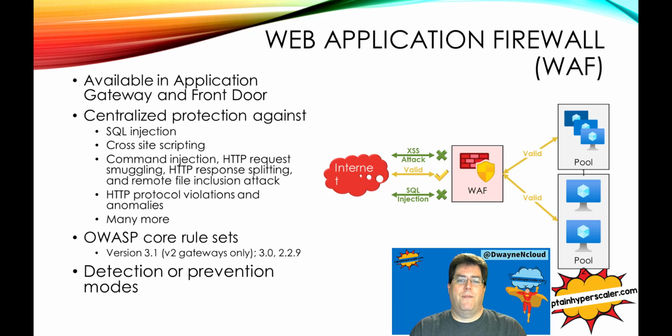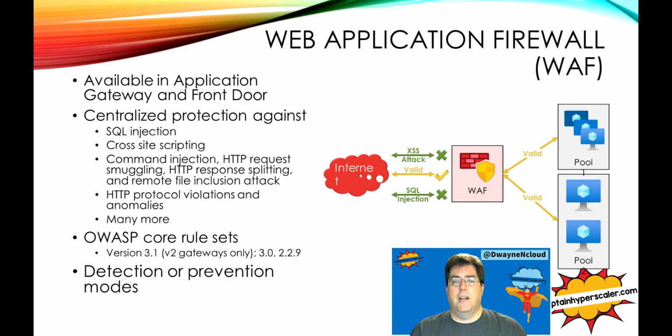The web application firewall utilizes those rule sets that are around those OWASP best practices and attack recommendations to detect or prevent those attacks into your own environment with your applications when you're running an application gateway or an Azure Front Door.